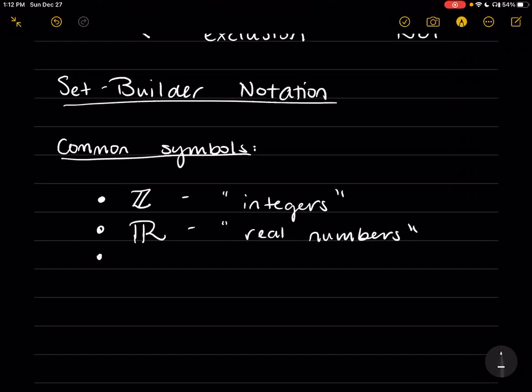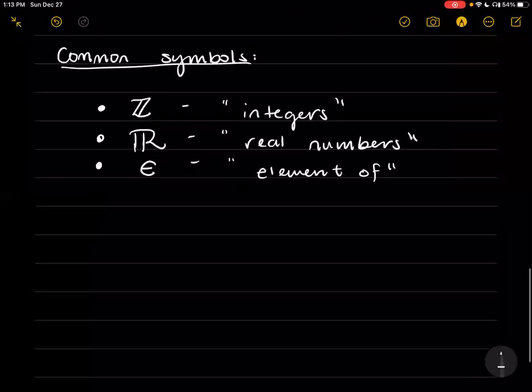And then lastly, a little bit different, is this weird E looking shape. And what this means is element of. That might seem a little strange, so let's see it in action.